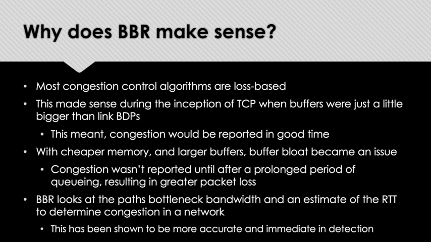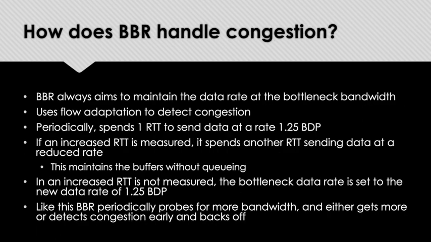BBR, on the other hand, takes into consideration that packet loss can be driven by several external factors not actually related to congestion, and it looks at real-time measurements of round-trip time and the path's bottleneck bandwidth, which results in a much more accurate prediction of congestion in a network. How does BBR handle congestion?